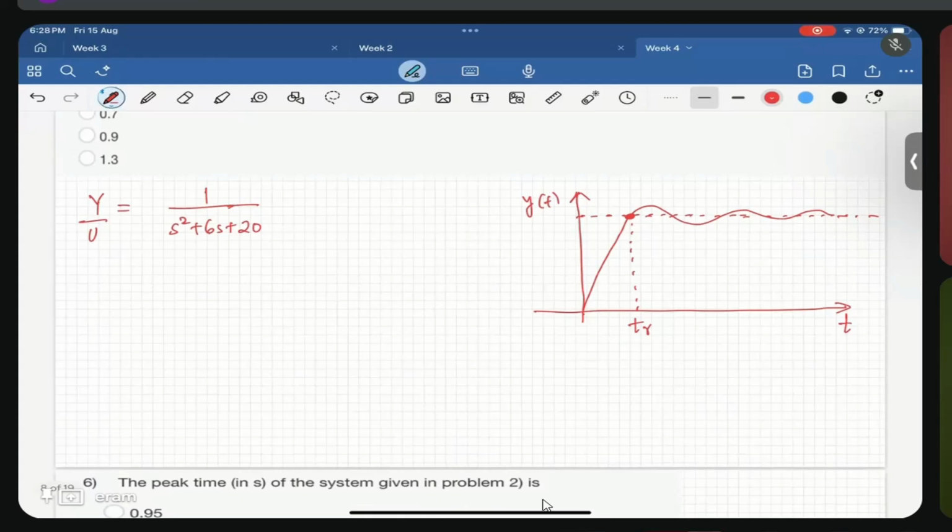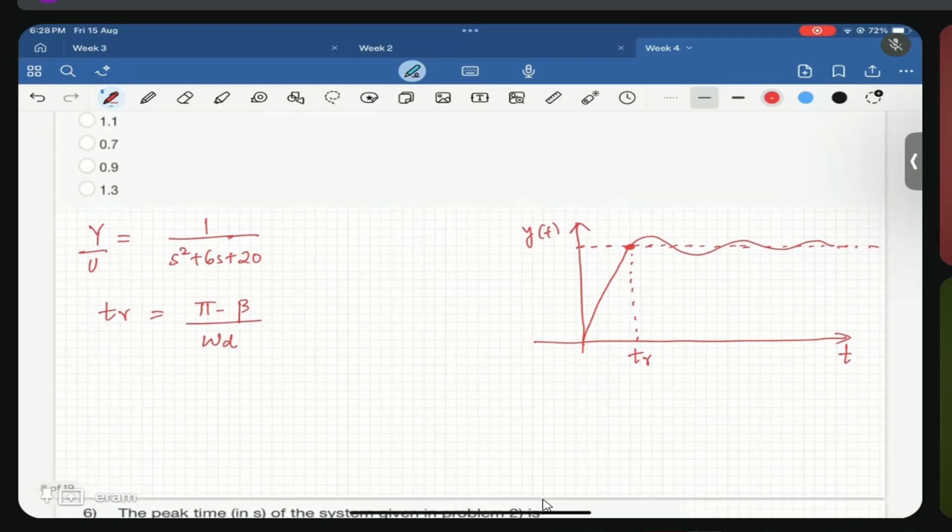For this we have a ready-made formula also, that is given as pi minus beta divided by omega d. Now what is beta? Beta is tan inverse of omega d by sigma. For an underdamped system we have poles at minus zeta omega n plus and minus j omega n under root 1 minus zeta square.